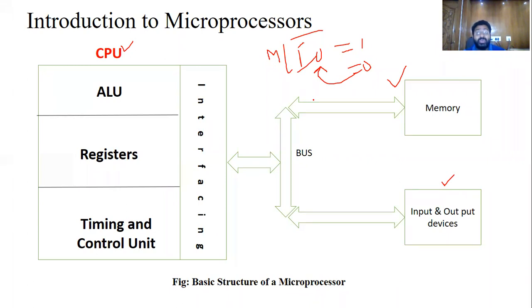So the microprocessor has this pin, the IO by M bar pin, to switch from the memory state to the input/output state. Why is that hardware pin available?